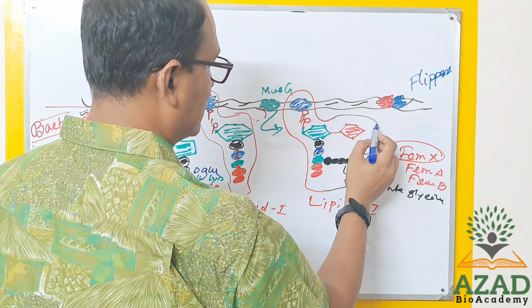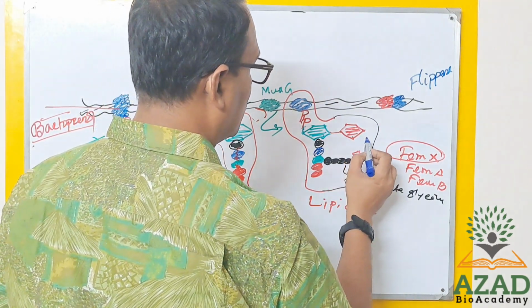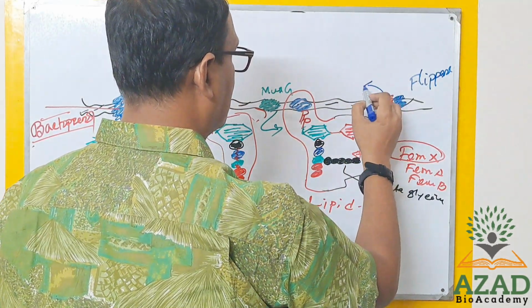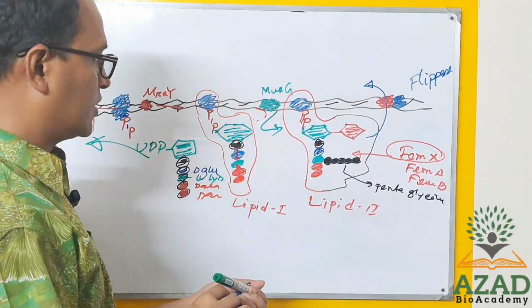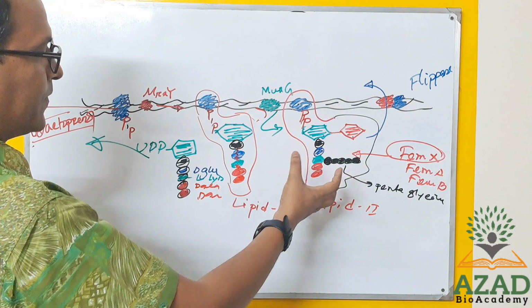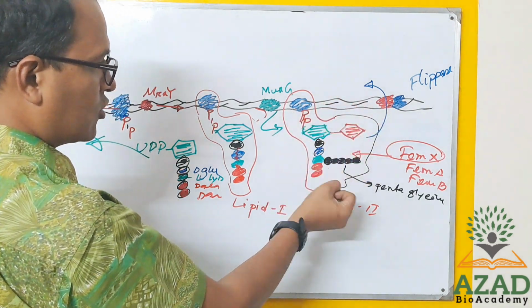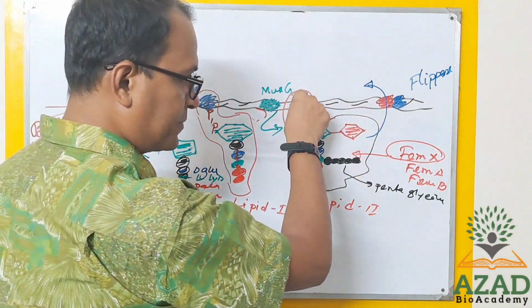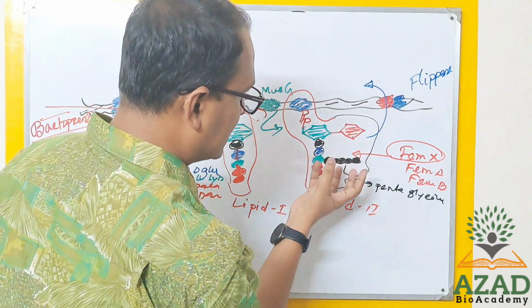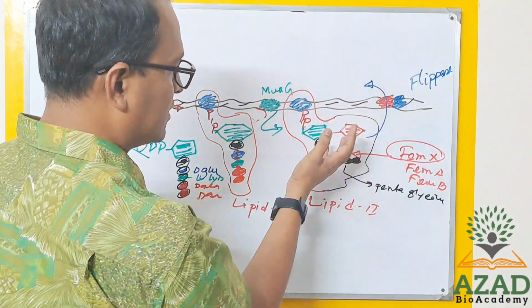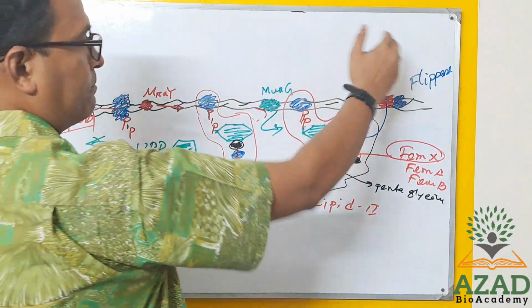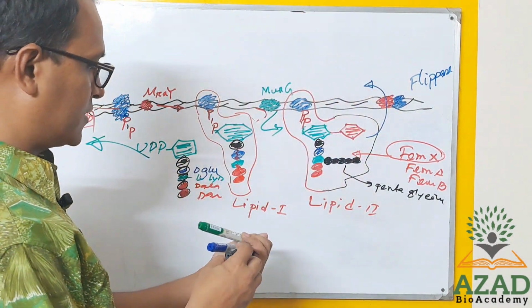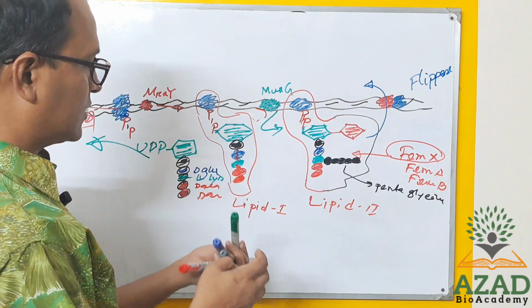The name is flippase enzyme; the basic unit will transfer from inside to outside. That is the flippase enzyme's main function. So what will happen here? The basic unit containing the bactoprenol will completely exit from inside to outside. That means it will cross the membrane with the help of the flippase enzyme.